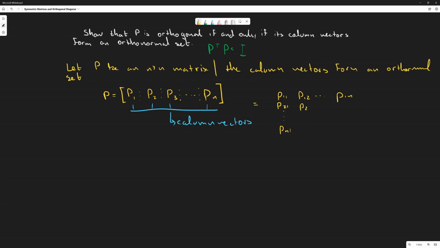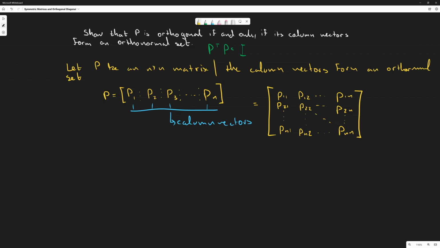This would be P22, all the way to Pn2, and then P2n, all the way to Pnn. And so this will be our square matrix. We properly defined what our matrix P is, and we're already going to assume that this is an orthonormal set.